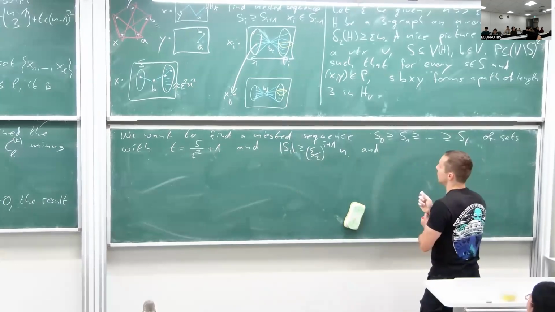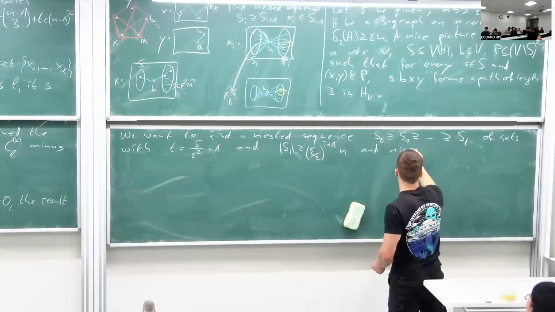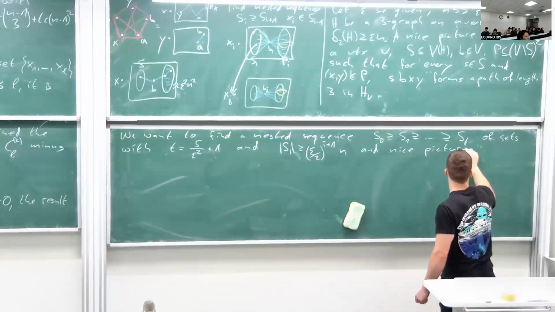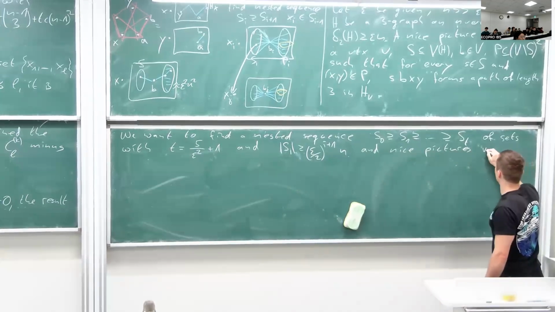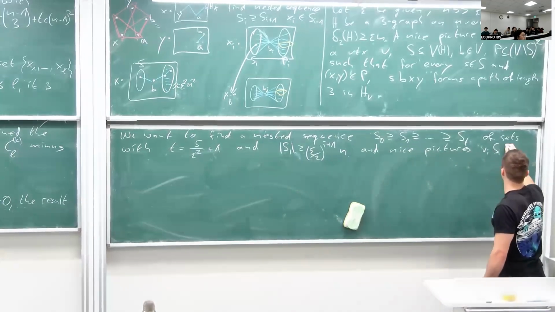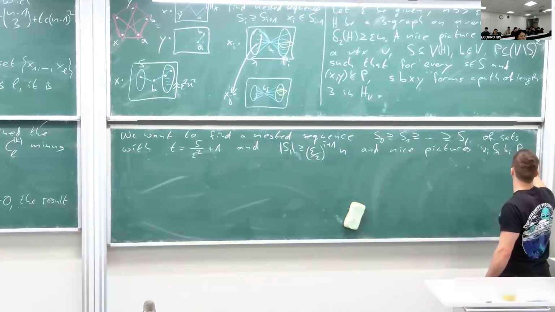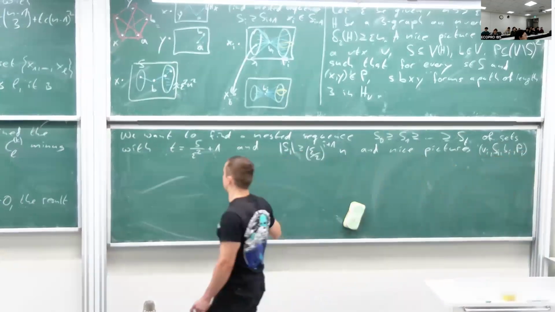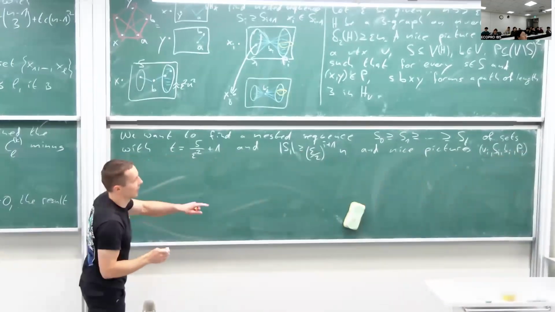And nice pictures: Vi, Si, Bi, Pi. This S0 is some sort of initial set that doesn't appear in these pictures.